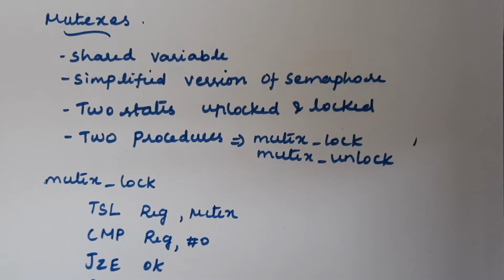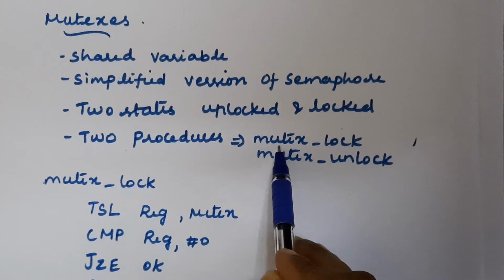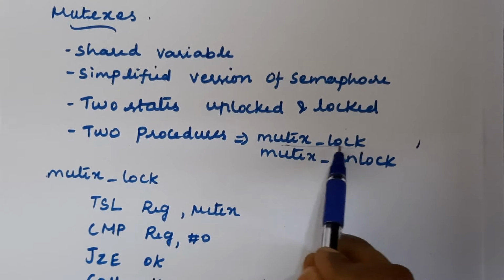Let us see how it is going to execute. When a thread or a process needs access to a critical region, first it has to call one of the procedures, that is mutex lock.